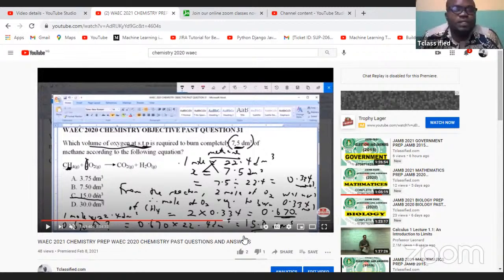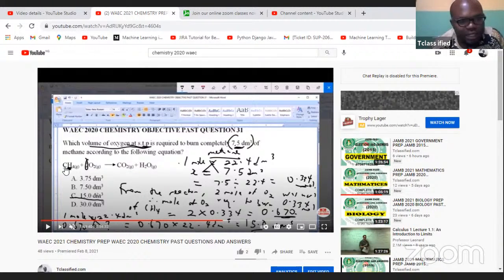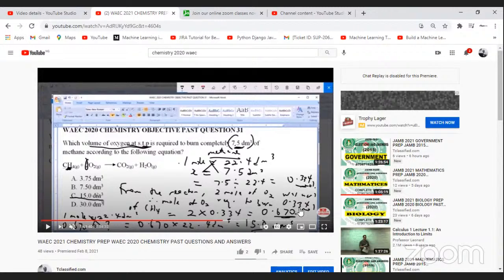So do we move forward? Why did we do 0.334 times 2? We did that because 1 mole of methane normally gives 2 moles. 1 mole will give 2 moles of oxygen. But here we're not having 1 mole of methane, because the mole is 0.33.